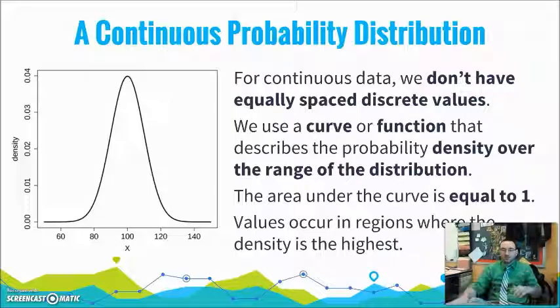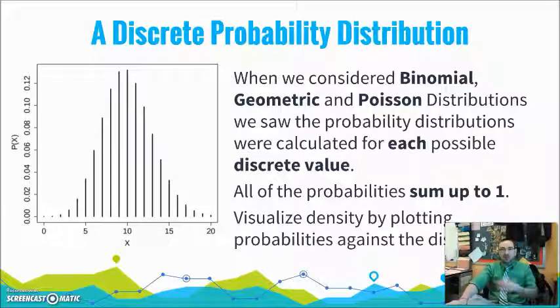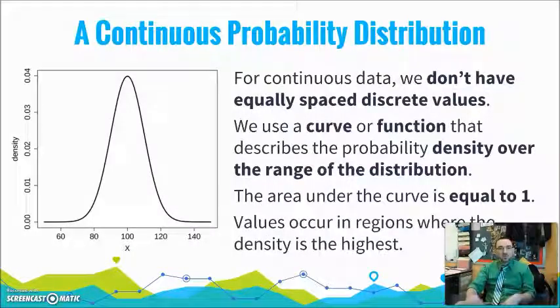So notice the difference here, fairly subtle, but this curve, if we would actually just trace the upper bounds of each of these discrete lines. As we're looking at this discrete probability model, we're looking at just individual values, but when we switch over to this continuous, we're looking upon this continuum or interval at the bottom. So we don't have equally spaced discrete values, obviously. We're using a curve or a function.